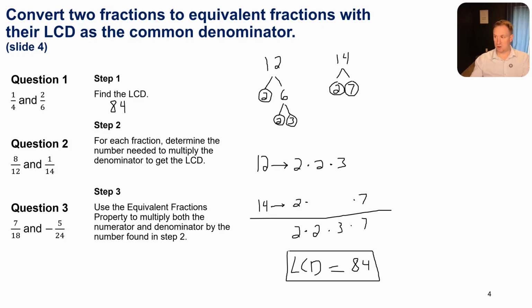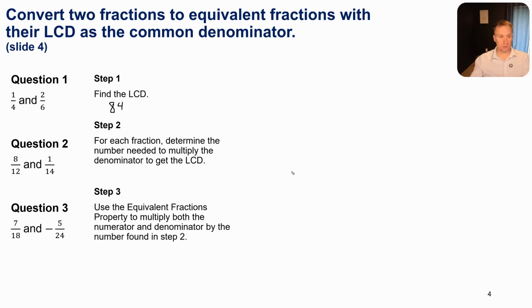So let's go ahead and go to step number 2 now. So for each fraction, determine the number needed to multiply the denominator to get to the LCD of 84. So I have 8 over 12 and 1 over 14 now.